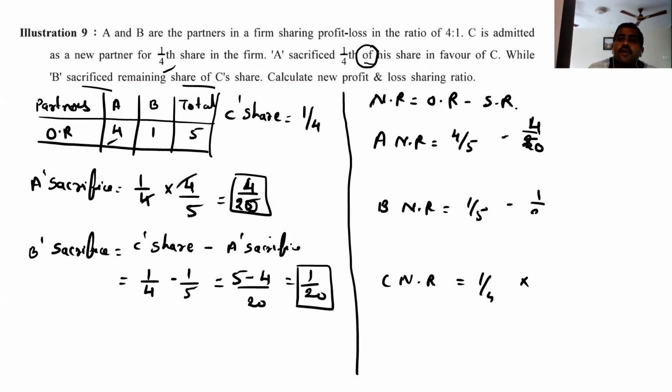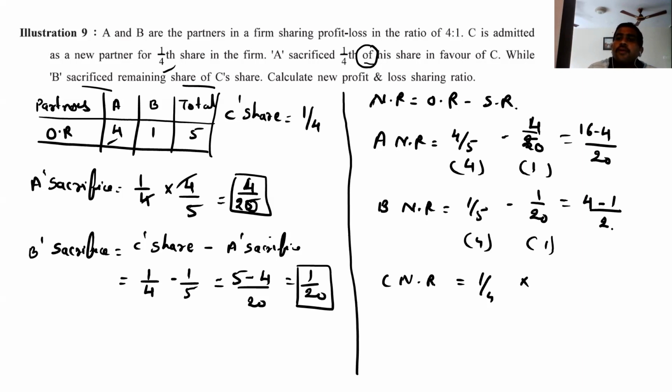Here comes 1/20. Now LCM is the best, I think so. 5 fours are 20, 1 fours are 4. So here comes the 20.